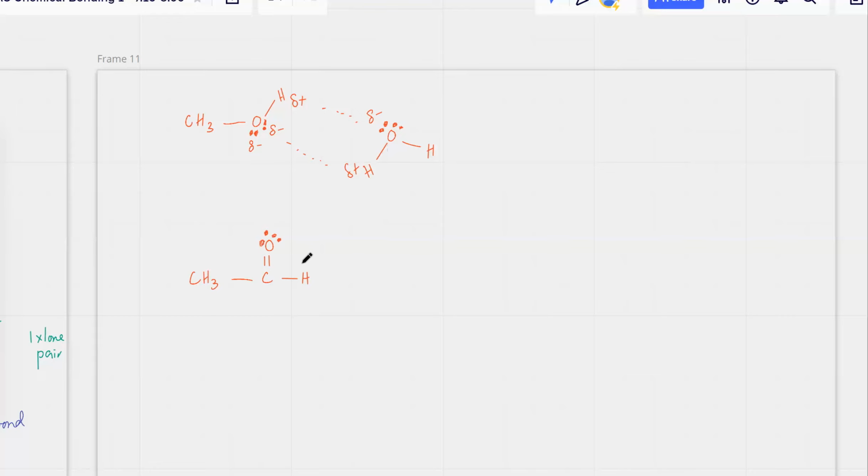So that means it's got the negative part because of the presence of lone pairs. The lone pairs are going to have a very strong negative charge, but the O is not directly bonded to H, so there's one thing missing. It's got the negative part, just not the positive part. So if there are two of these molecules, they can't form hydrogen bonds because you need a positive thing.